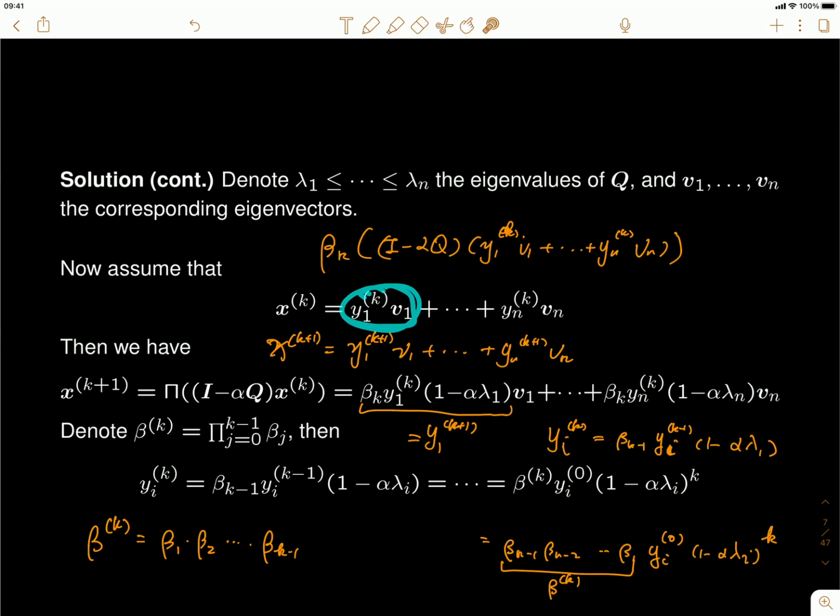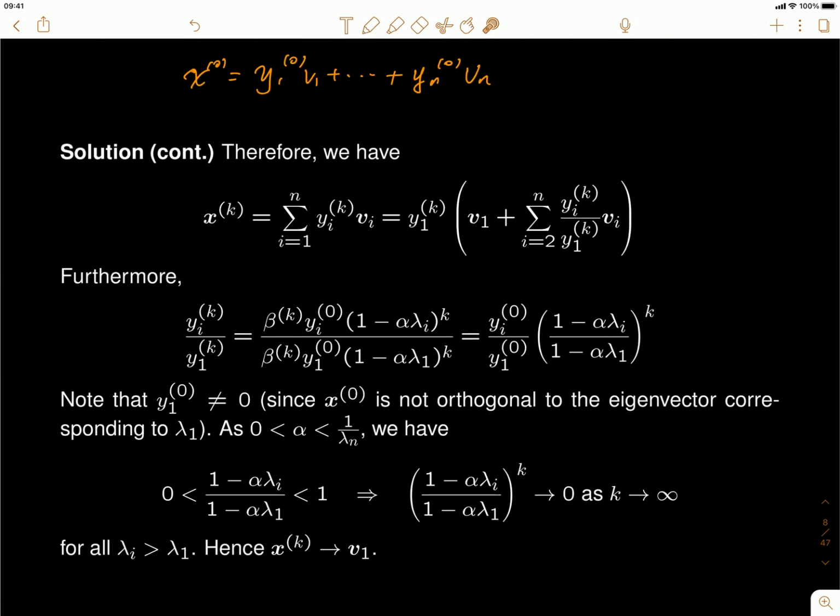And since we end up with a unit vector every time, this term will just go to 1. Eventually, when all the other terms are gone, this divided by the norm of this is just v1 itself, the unit eigenvector v1. So that's why xk will converge to v1.